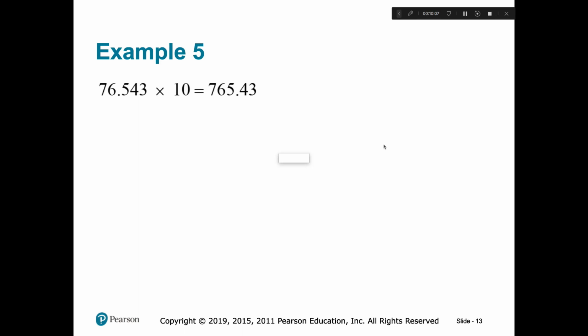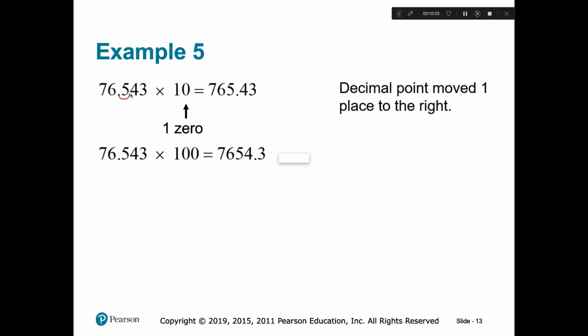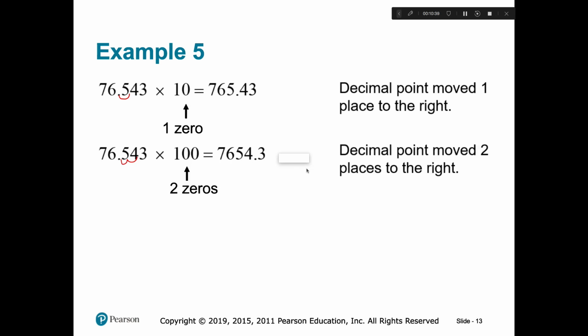So here is an example that also is not on the back of your paper. Imagine we're multiplying by 10. Multiplying by 10, so we move that decimal point how many places? Just one place. So if we multiply by 100, we're moving it 2 places, and we end up with 7,654.